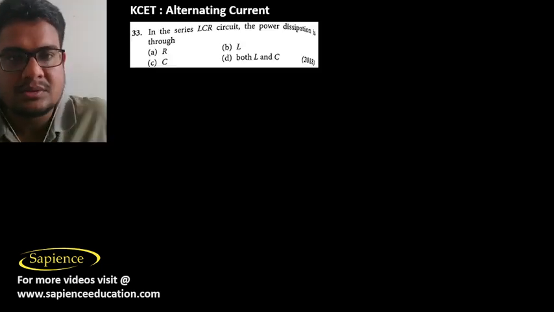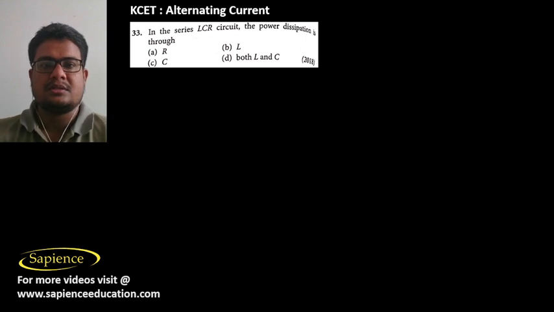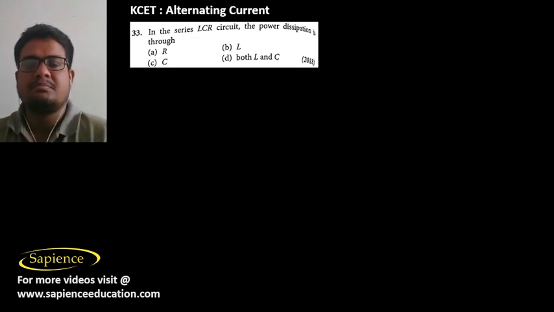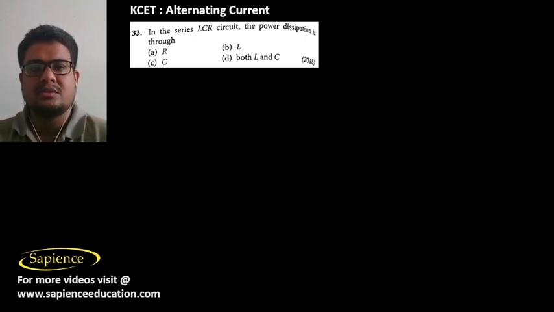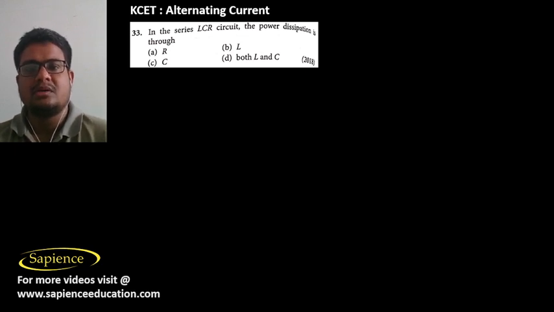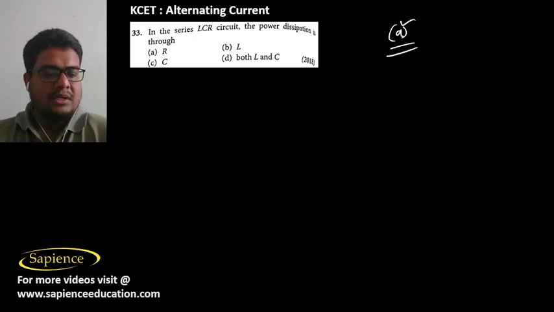Then in question number 33, it is told that in a series LCR circuit, the power dissipation is through the resistance only. Since across the inductor and across the capacitor there is no power loss, the power loss happens only across the resistor. So option A is the correct answer.